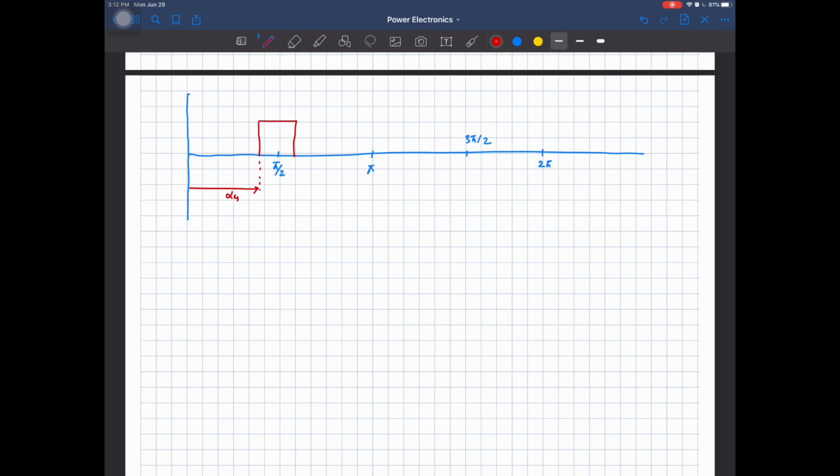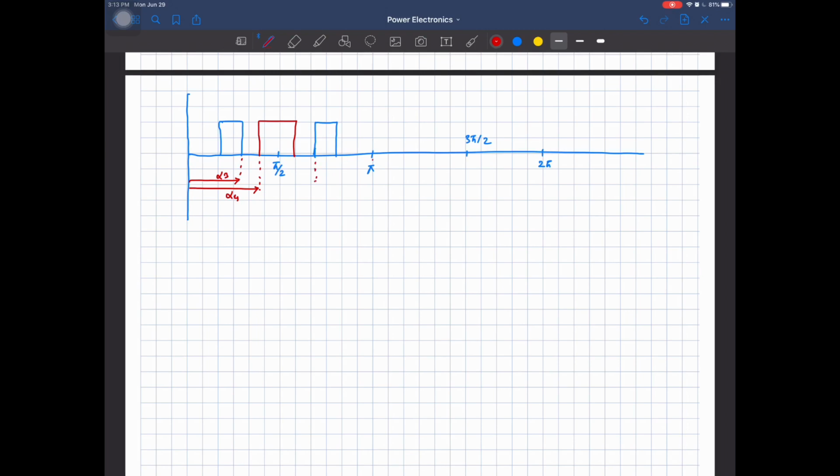Then taking the next pulse, let's suppose it is over here, its image will also be over here. So let's mark the angles for these. This angle will be equal to alpha 3.